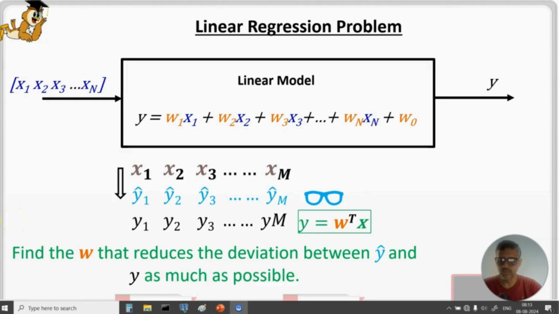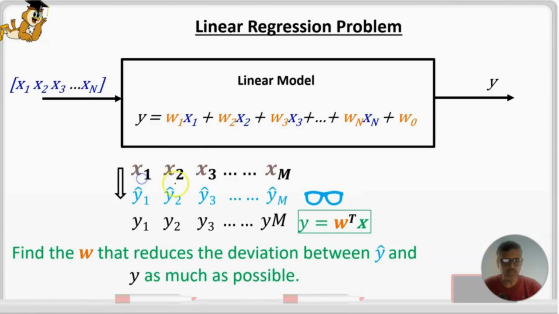Okay then, let us therefore formulate the linear regression problem. Formulate in the sense of what exactly it is that we are going to try to do here. So here is what you have. You have input vectors x1, x2, x3 up to xm, m being the total number of points in your training set.